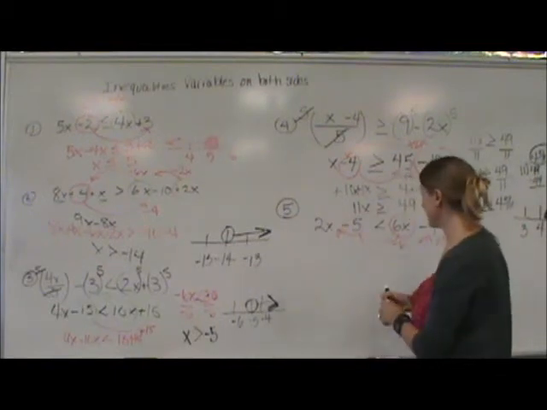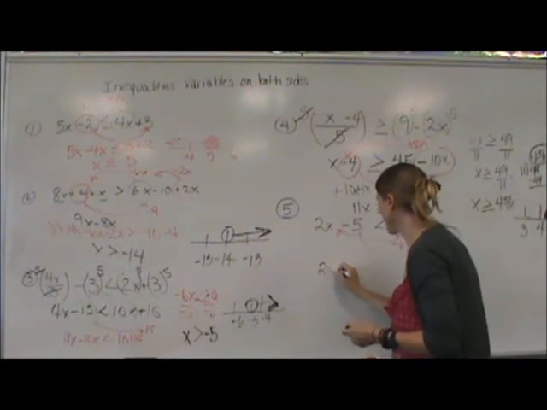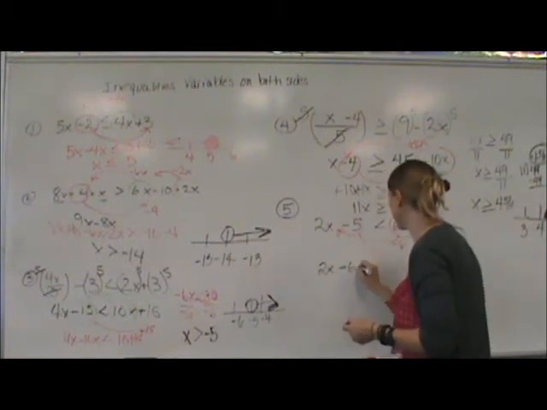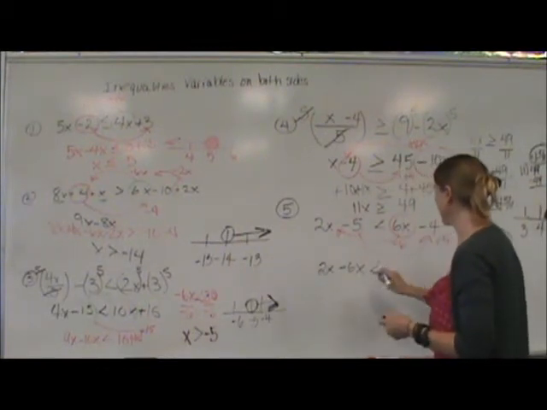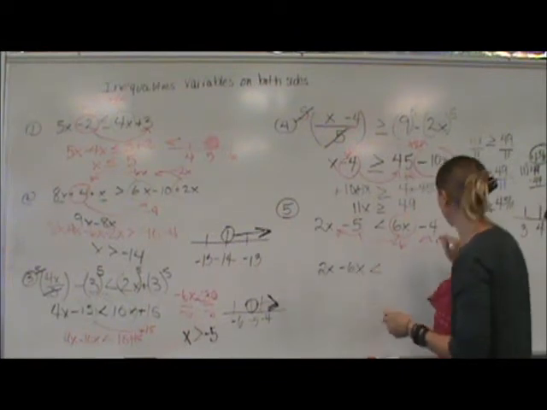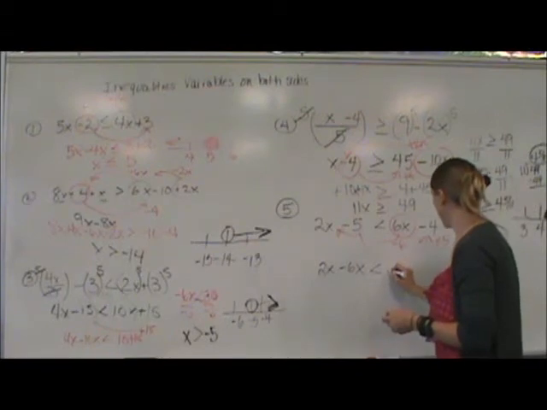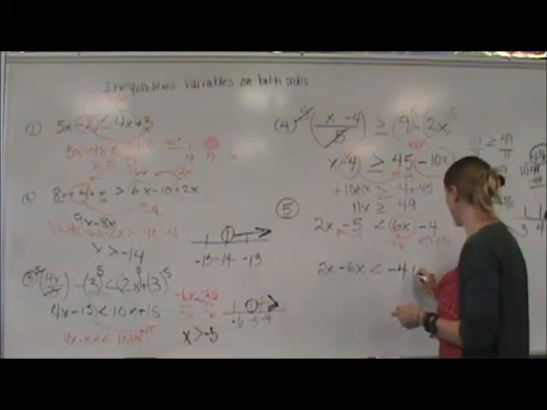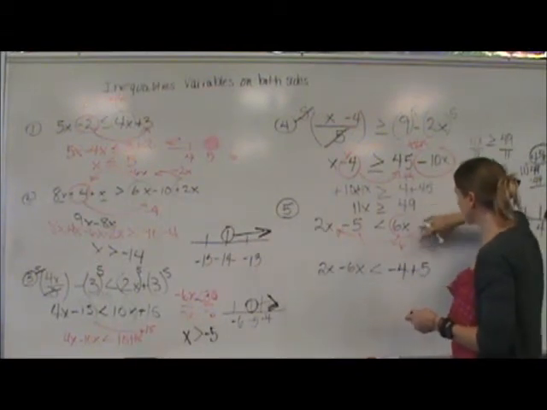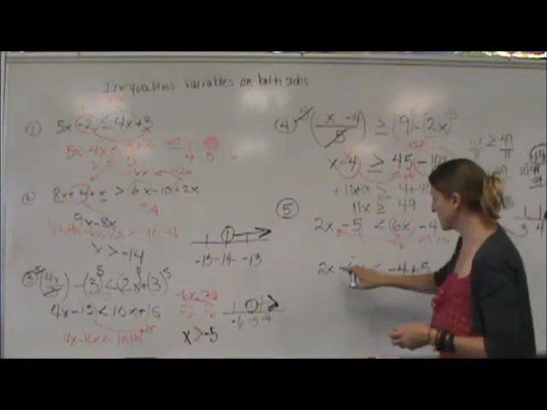So I'm going to rewrite it. 2x minus 6x is less than negative 4 plus 5. And remember, I'm going to bring that sign down. It's going to stay the same.